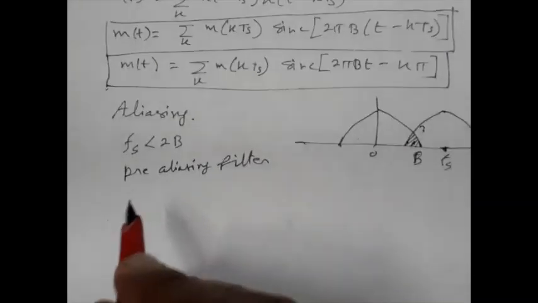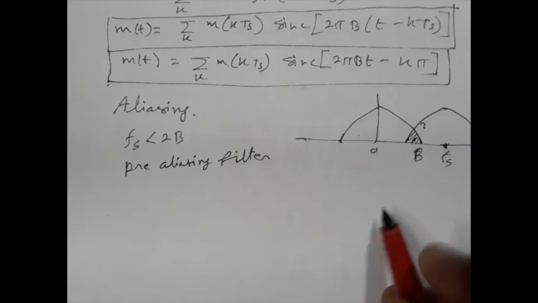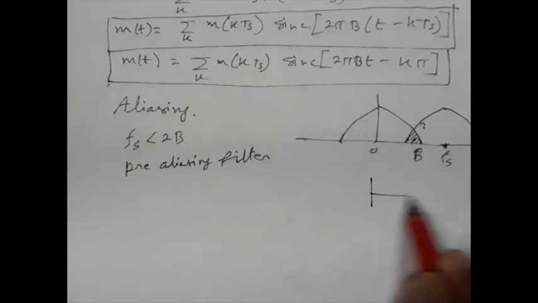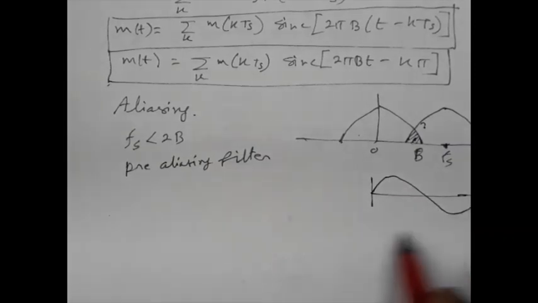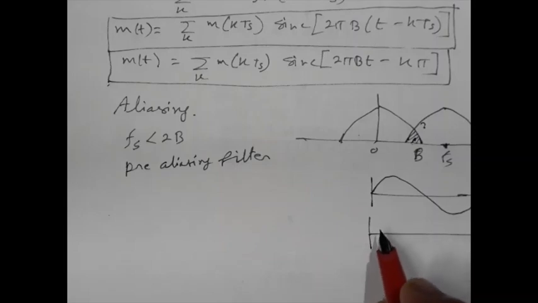Now sampling may be of different types. What we have discussed so far is the ideal sampling. Here the sampling is done with an instantaneous idealized impulse function.